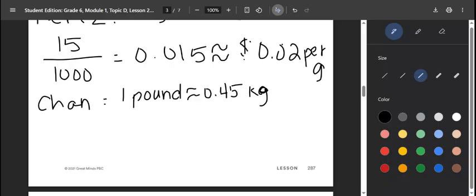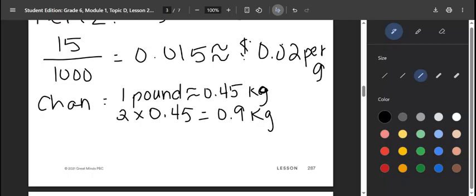But it's 2 pounds, so we're going to say 2 times 0.45, which equals 0.9, but that's kilograms, right?